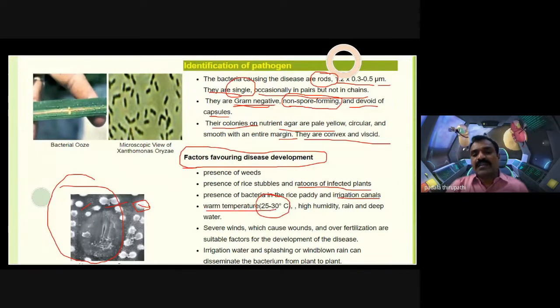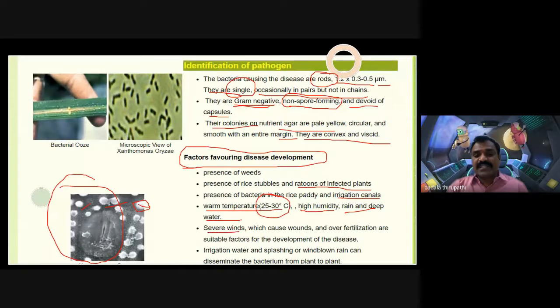That means the tropical and subtropical regions, the entire world, can be affected by bacterial blight. High humidity, as yesterday we observed 86% humidity in angular leaf spot of cotton. Rain and deep water are also suitable for transmitting this bacterial disease, bacterial blight.